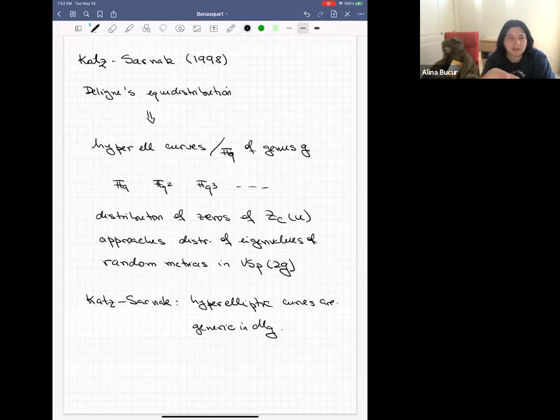So the way Katz and Sarnak do this is that at every finite level, if you look over F_q^n, for instance, if you base change to F_q^n, then you don't get the distribution of eigenvalues of random matrices. You get that plus an error term. So they write all these lower order terms in that error term.